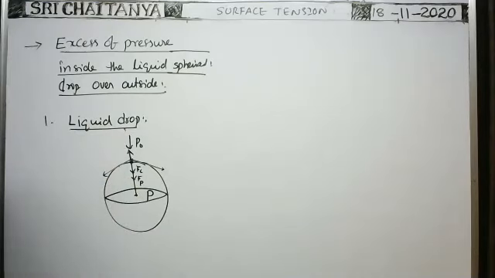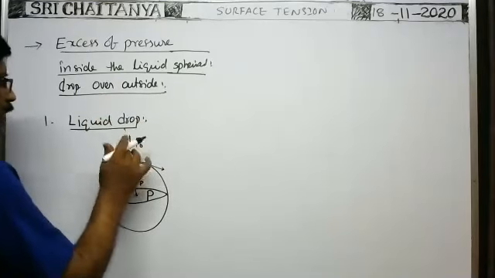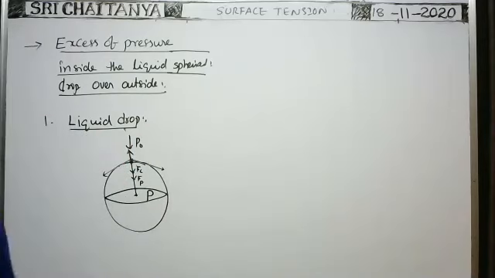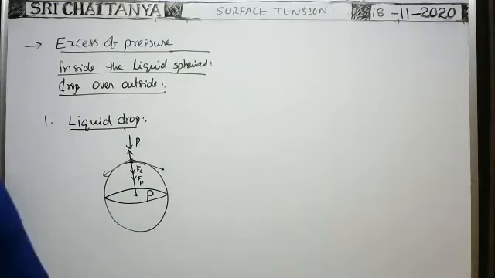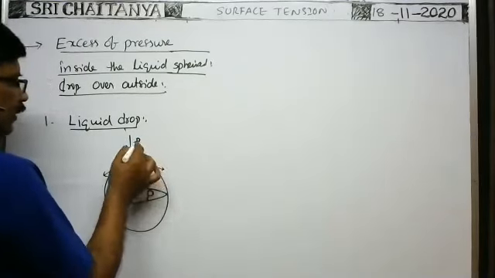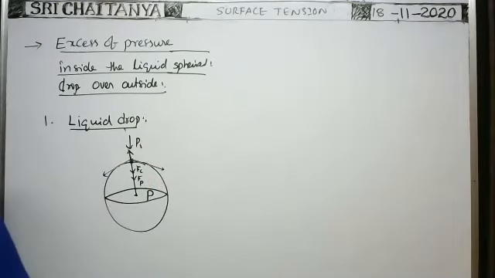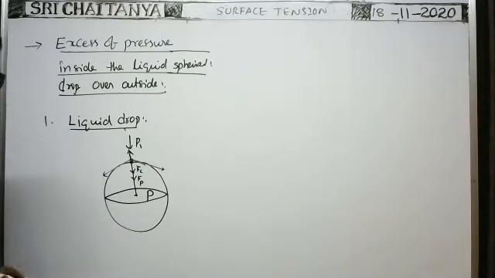So because of atmospheric pressure, or because of pressure on the outside, suppose the outside pressure is P1, that may or may not be equal to atmospheric pressure. Suppose the pressure acts on the surface of the hemispherical drop. Just imagine the hemisphere, because whenever the liquid drop is under equilibrium, every part of the liquid drop is also under equilibrium.